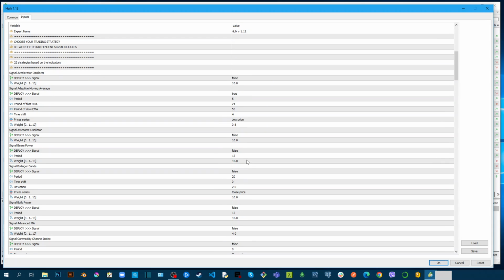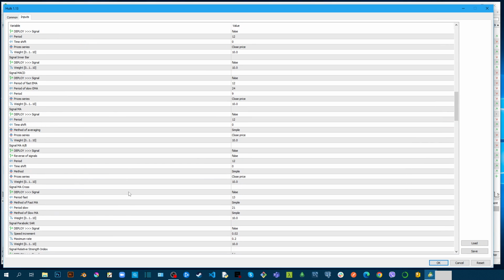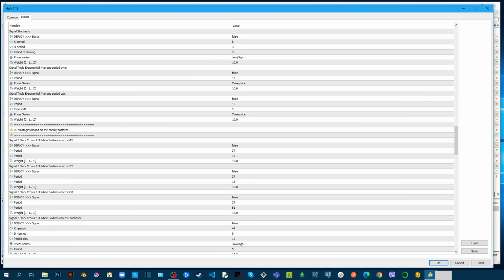Now let's take a look at the signal section. This expert has 50 independent trading strategies, 22 based on indicators and 28 based on candlestick formations. As you can see here, I explained everything.